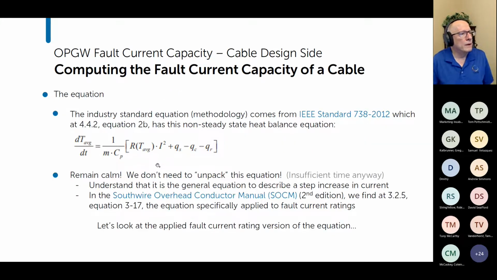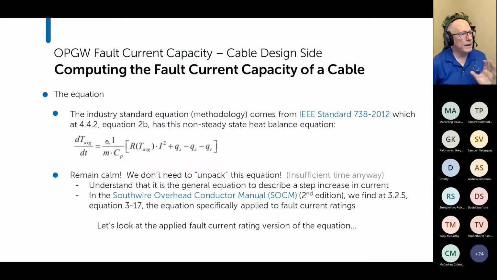The equation. The industry standard equation or methodology comes from IEEE standard 738. The 2012 version is the current one. At part 4.4.2, equation 2b, you have a non-steady state heat balance equation, and it's this.